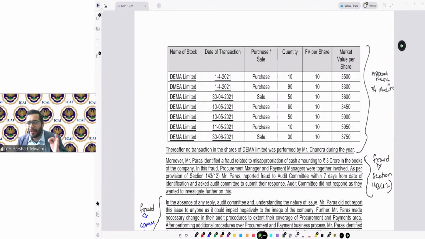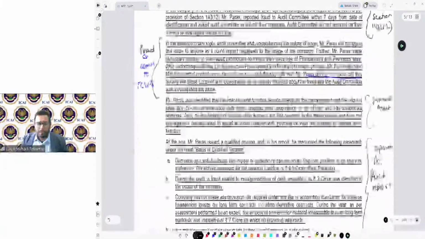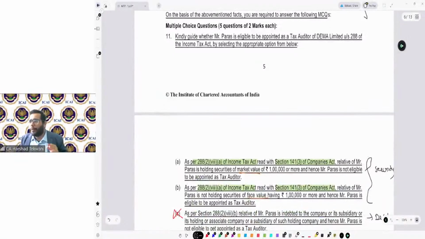It is the face value limit, not the market value of securities. The provision talks about the face value. If you read section 141, which talks about disqualification, it talks about the face value of shares, not the market value.